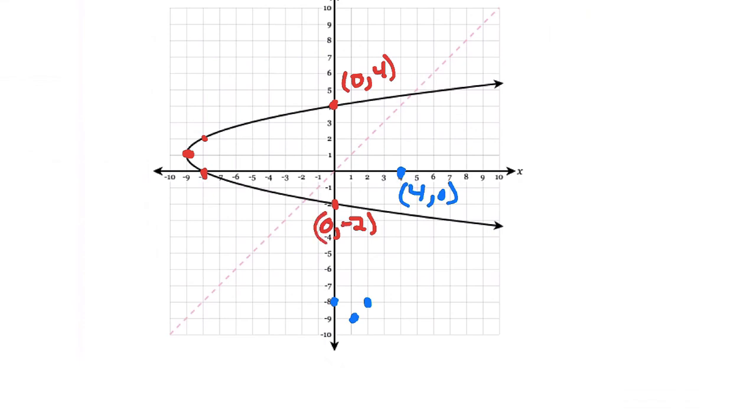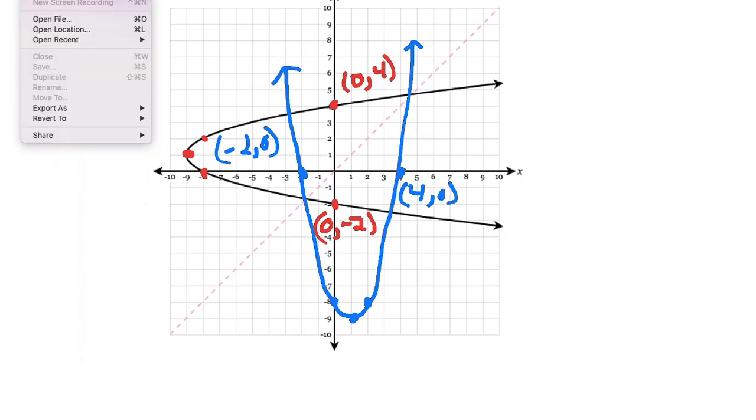Then I'm going to plot the point (-2, 0). And when you do that on Delta Math, I've plotted 5 points. What I'm going to get is a graph that looks like that. It should take on the same shape, it just should be flipped. Hopefully this helps you. If you have questions, remember to ask.